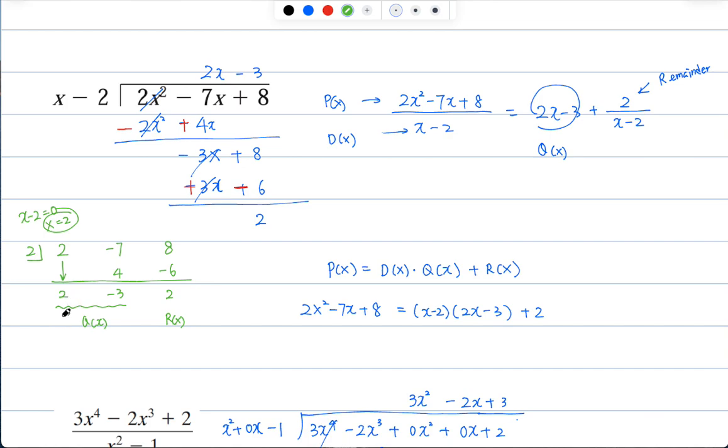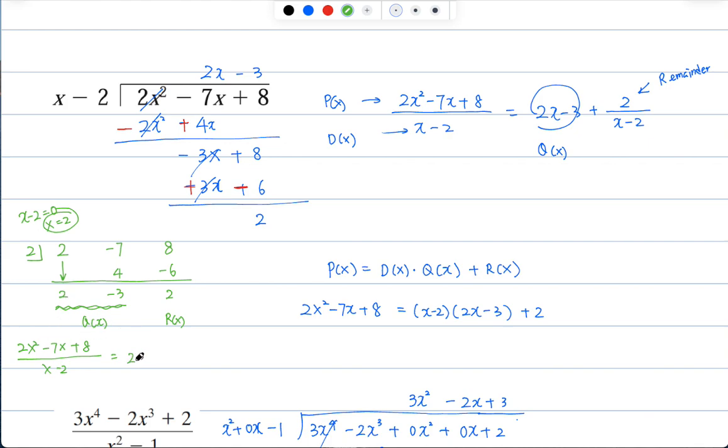Now how can we write the quotient? Originally 2x squared minus 7x plus 8 divided by x minus 2. The original polynomial dividend was x second power, therefore the quotient will be one degree lower than that.